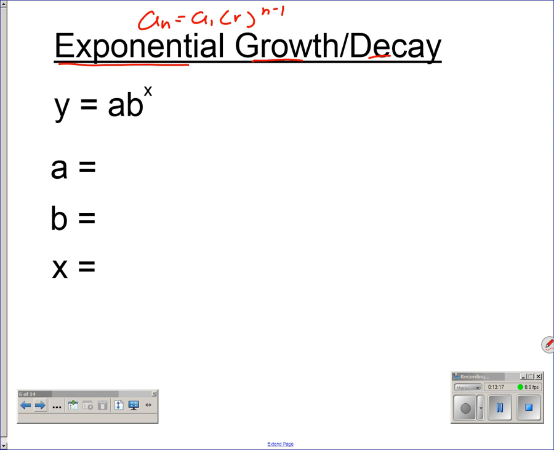Well, we talked about this in the previous lesson, that's just an exponential equation, right? So an exponential equation is good with showing growth and decay over a certain amount of time. Who's seen it as a times b to the x before? Yeah, exactly.